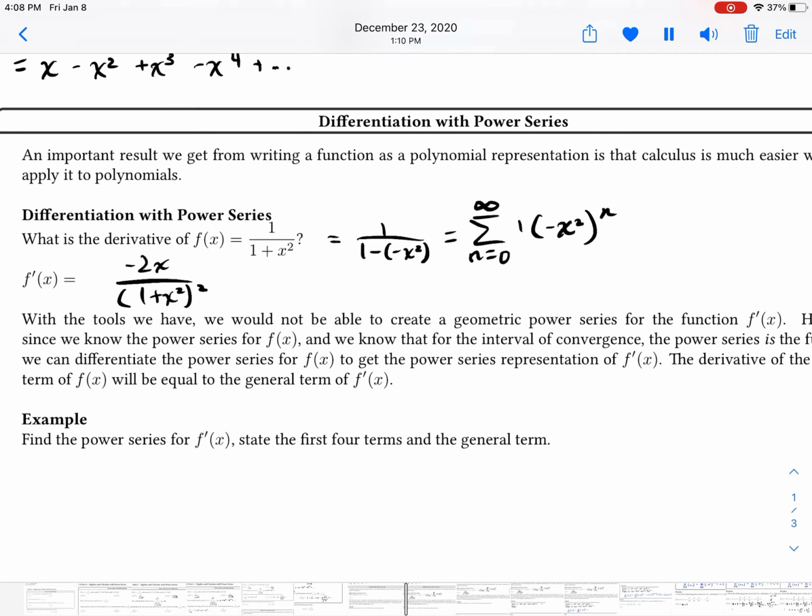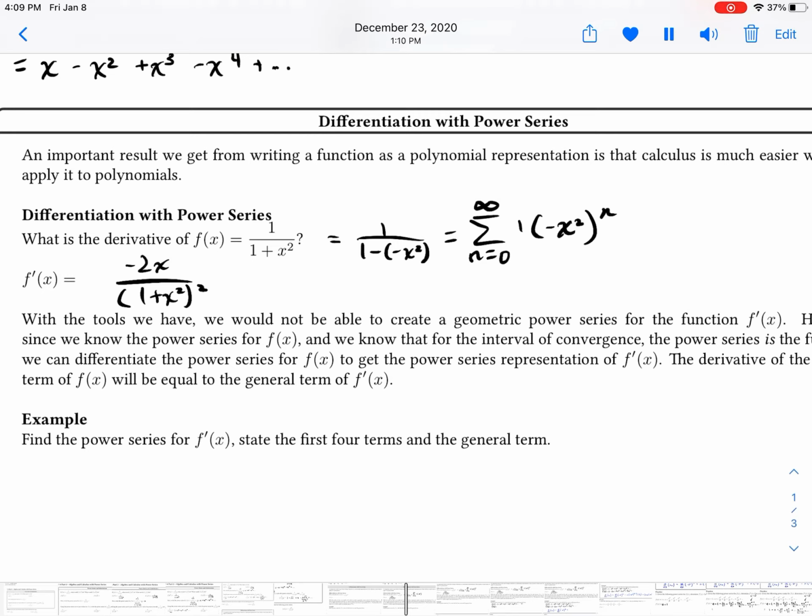Okay? So with the tools that we have, we would not be able to create a geometric power series for this function f prime of x, right? Because right now, there's really no way for us to rewrite this denominator so it's just simply 1 minus our common ratio r.